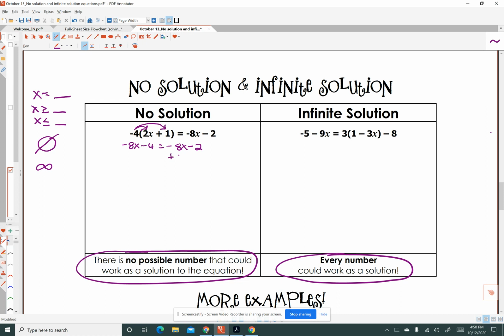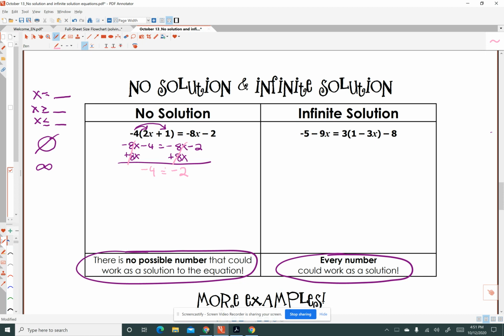Let's move the variable term over by subtracting 8x from both sides. And when we do that, the negative 8x and positive 8x cancel each other out. When we combine negative 8x and positive 8x, we have 0x. And what we end up with is negative 4 equals negative 2.